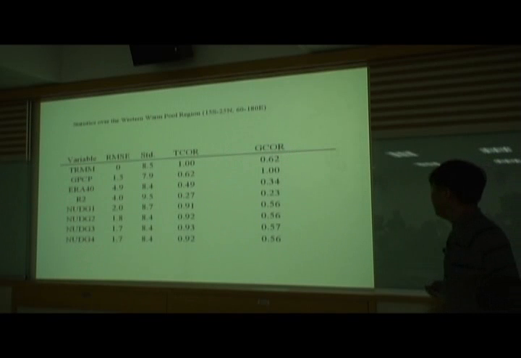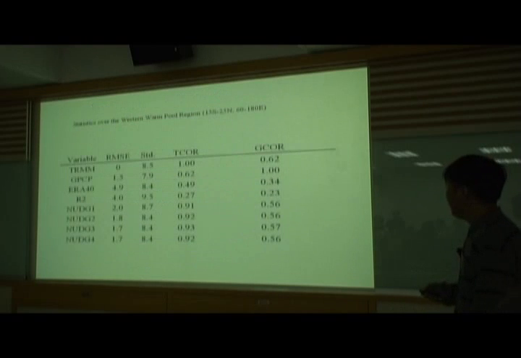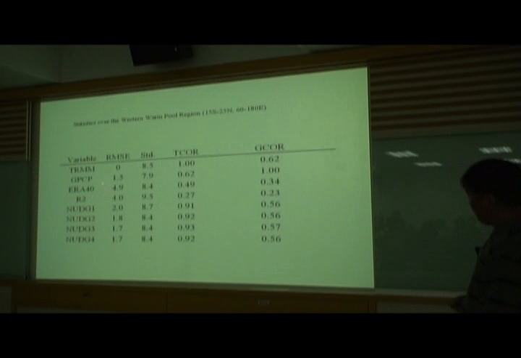This is actually a tropical region, mostly western Pacific, and as you can see, for the ERA40 precipitation and the R2 precipitation, the temporal correlation with TRMM and GPCP is quite low compared to our product.